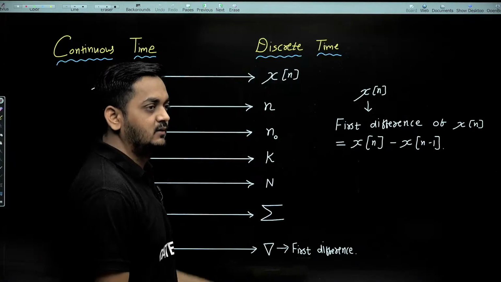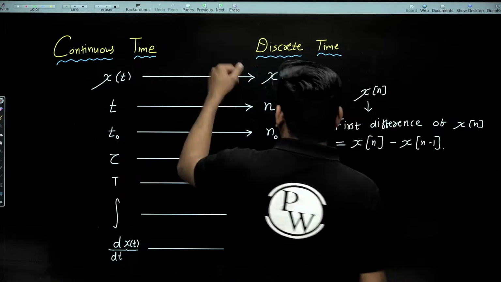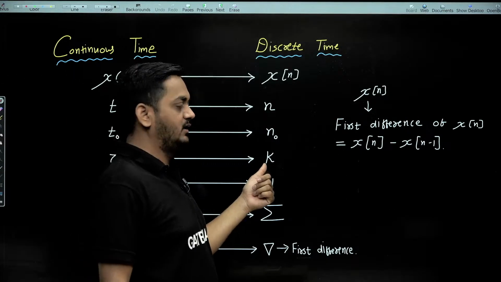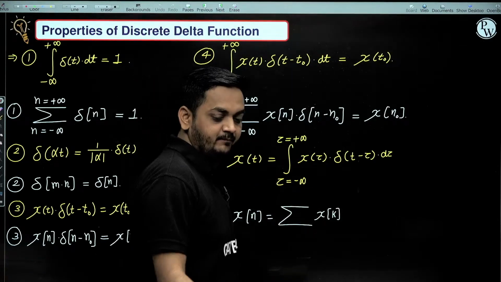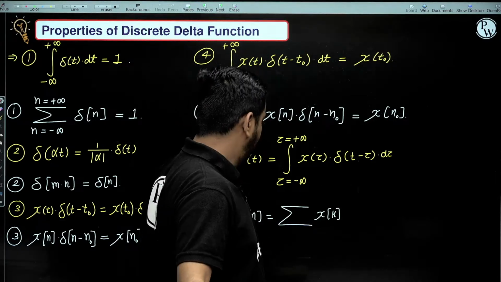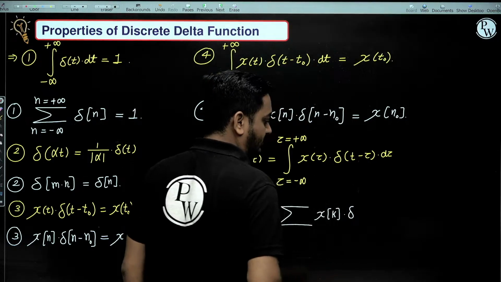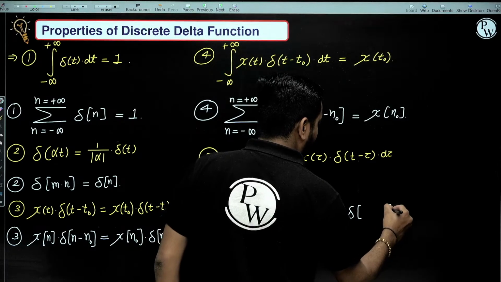See here, just wait for a minute. You can see, guys, here the notation is tau. So instead of tau in discrete time you can take k, guys. So x of tau becomes x of k, okay, and here del t minus tau. So tell me, what do I have to write here in the bracket instead of del t minus tau?